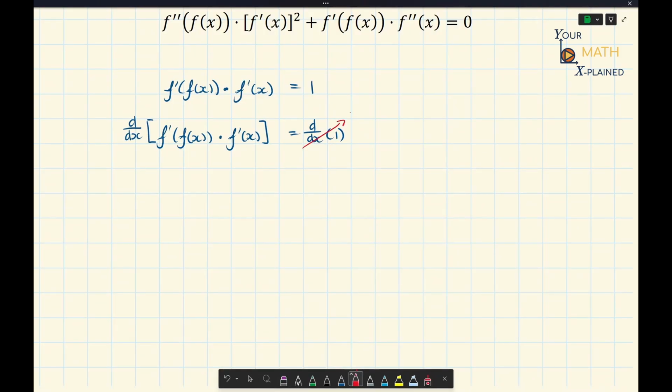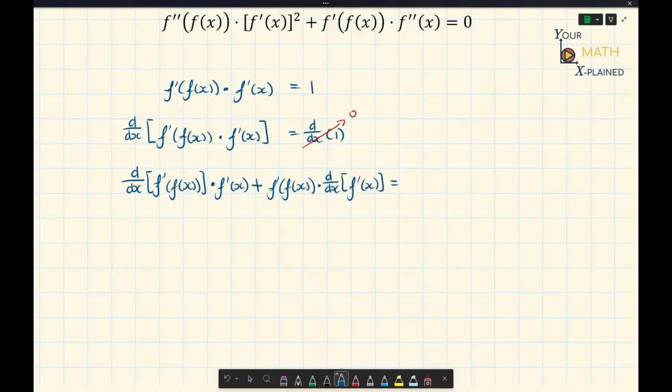But the left-hand side, we're going to have to apply our product rule. And the product rule says we're going to go d by dx of f prime of f of x, and then we're going to multiply this by f prime of x, and then we have to add f prime of f of x multiplied by the derivative of f prime of x.